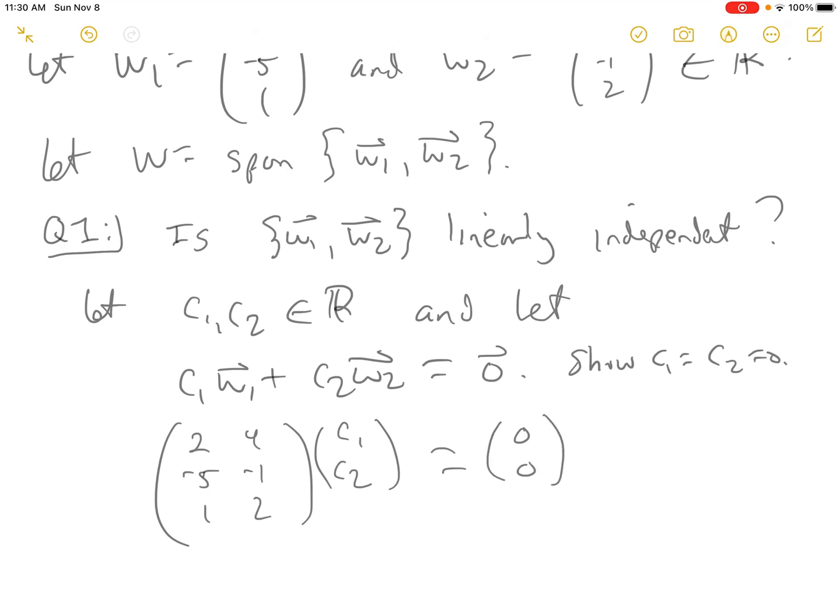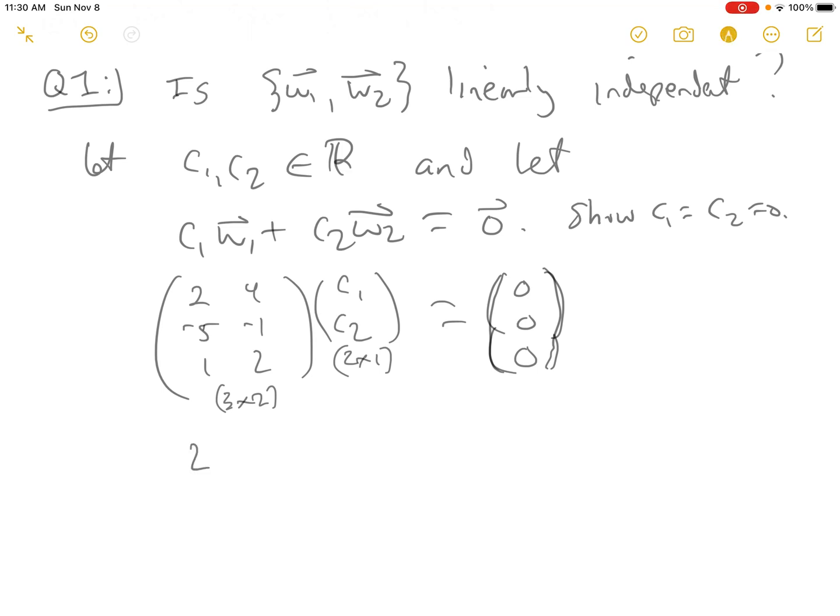Because this is 3 by 2, this is 2 by 1, so this is going to be 3 by 1. Oops, I had that wrong. Put this into an augmented matrix and row reduce it.